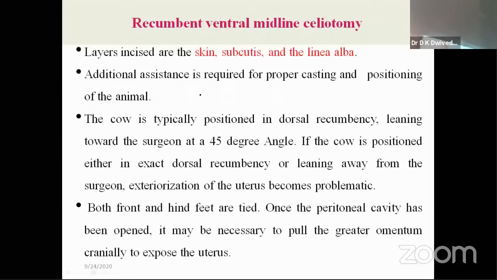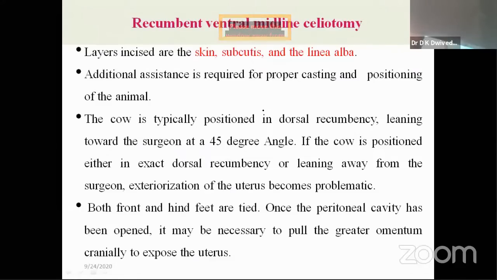Now, the next one is the recumbent ventral midline ciliotomy approach. You already know the different anatomical structures you may encounter are the skin, subcutaneous tissue, and the linea alba. If you are following this approach, you may require additional assistance for restraining the animal in dorsal recumbency.